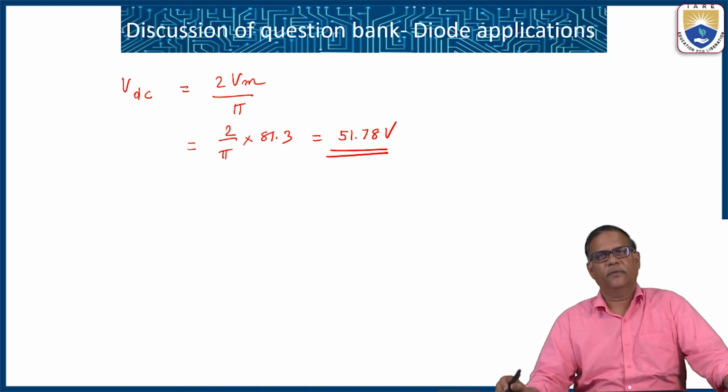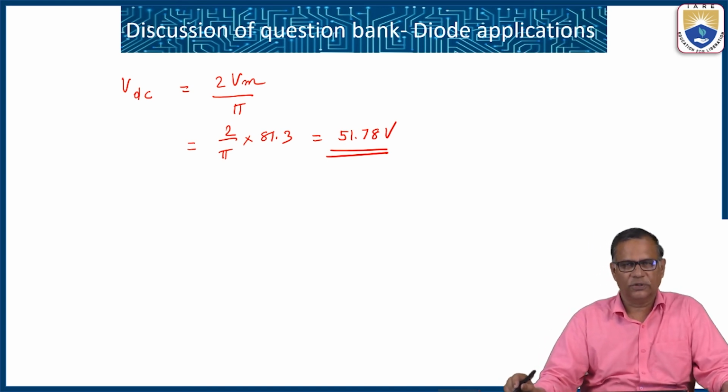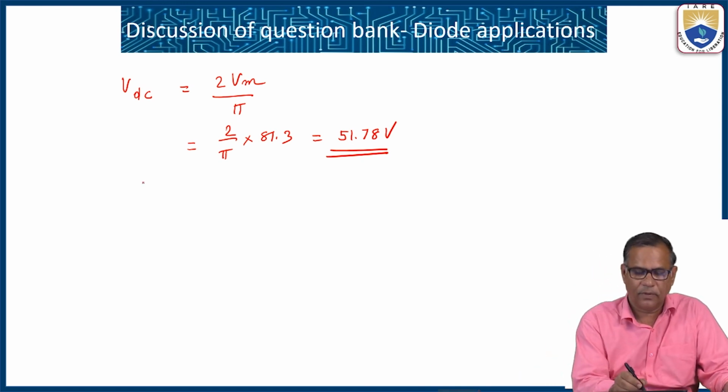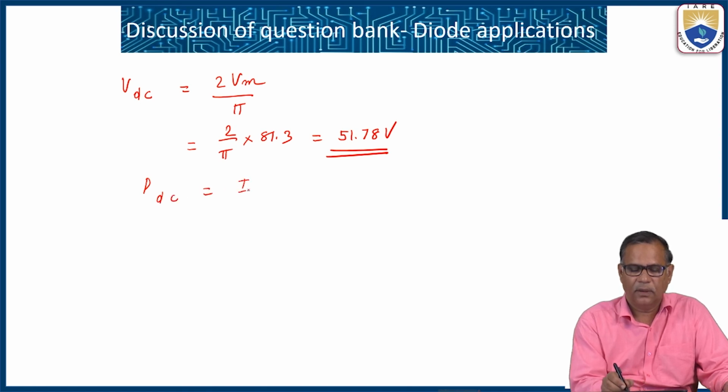Next we have to calculate what is the DC power delivered to the load. So that is equal to IDC square multiplied by RL. So PDC is equal to IDC square multiplied by RL. We can also write this as VDC square divided by RL.